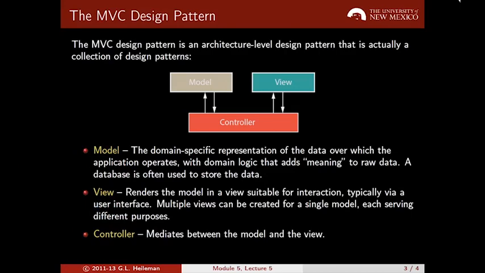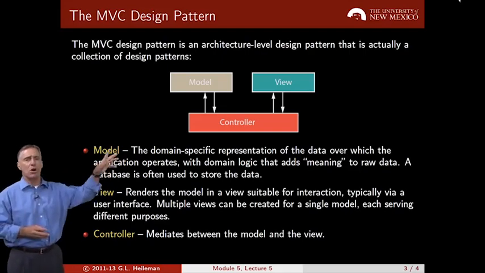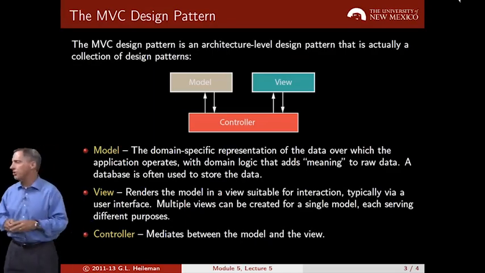And then finally, the controller, as I've mentioned, is the thing that mediates between these two. And in some Model View Controller implementations, there's actually a connection between the model and the view. They can communicate with one another. In our Rails instance, it's the controller that does most of this mediation.